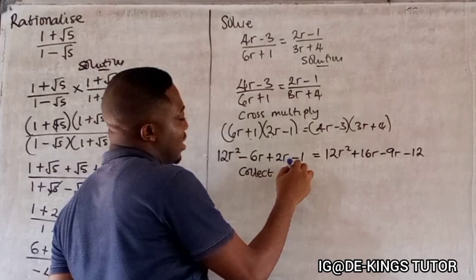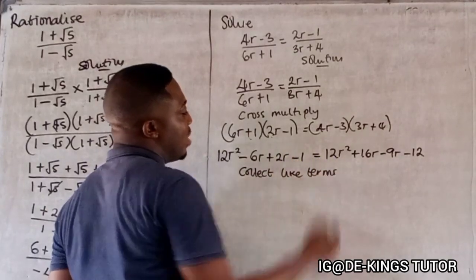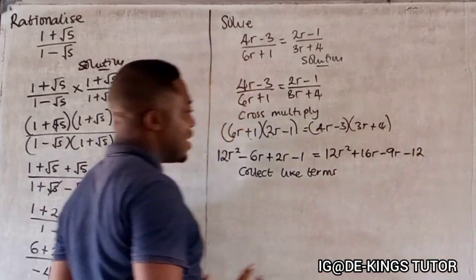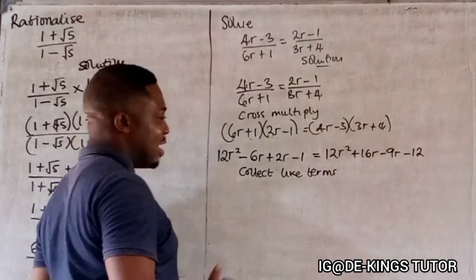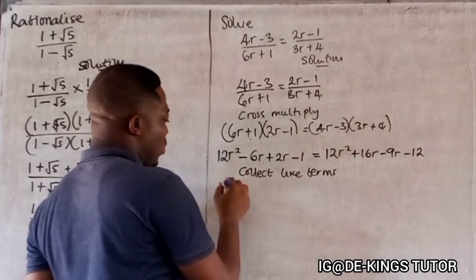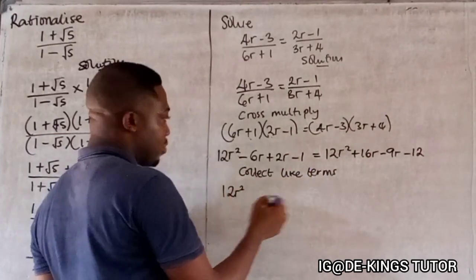So at this situation, we collect like terms. Those with r squared on one side, those with r, and those without r. So I will bring this to this point. This is 12r squared.